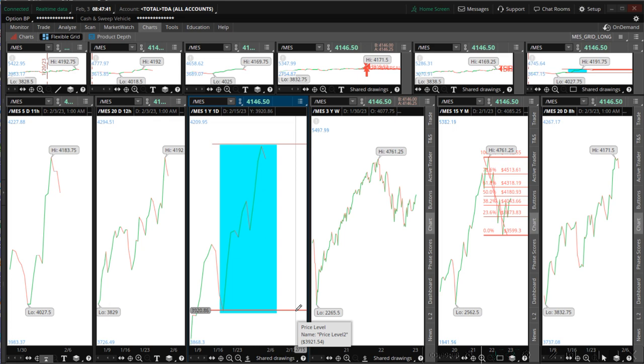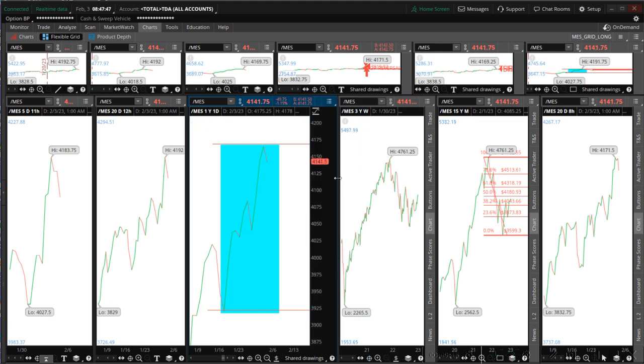That would be my initial target for the market to fall from 41.68 down to 39.25. So on a longer time frame, it's very bearish.